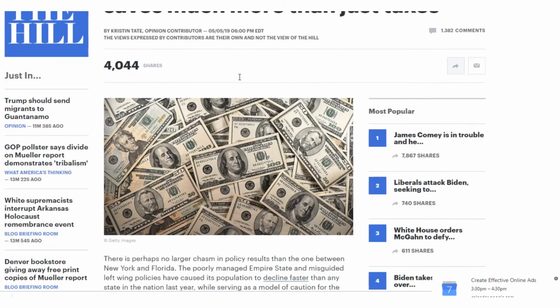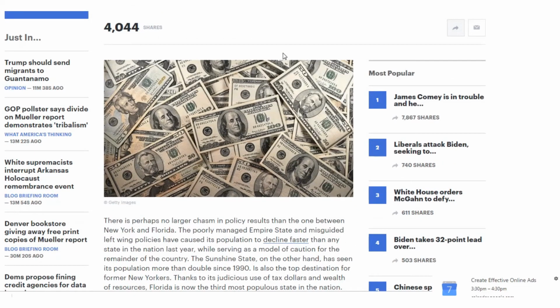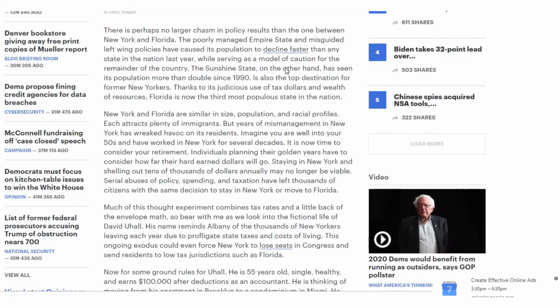But anyways, she writes an article about how people from New York are fleeing to Florida when it comes time to retirement because of the tax rate that New York imposes on its residents, but not just the tax rate. It's about cost of living. It's about quality of life.